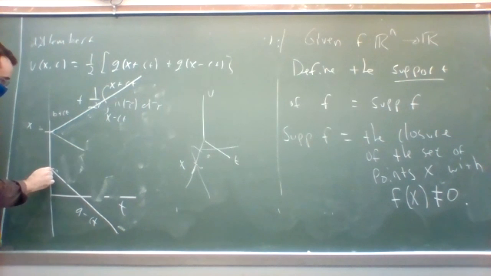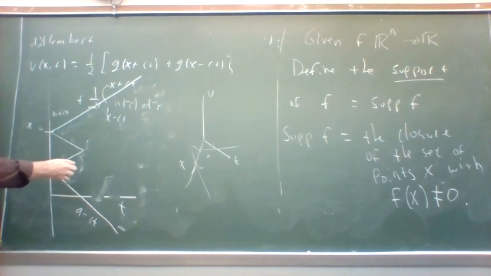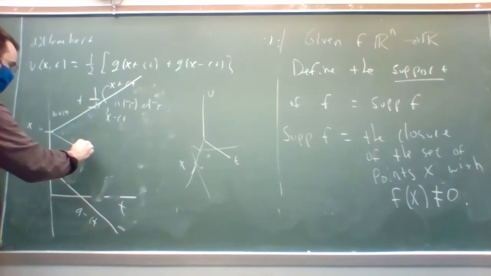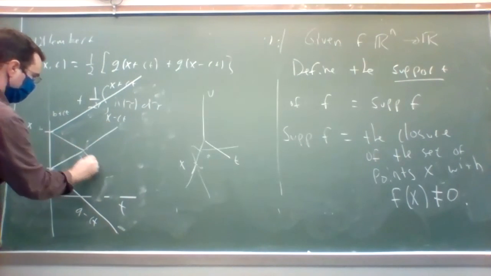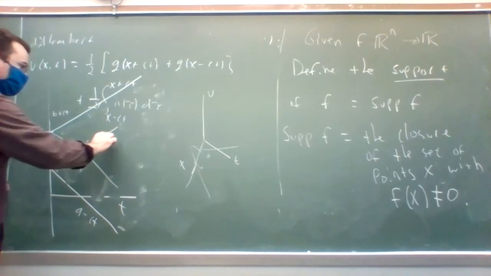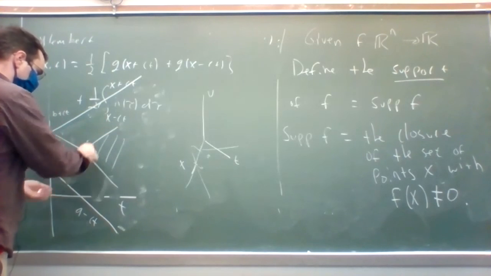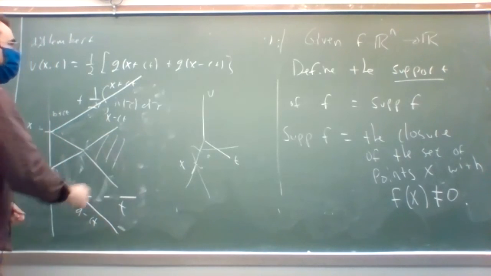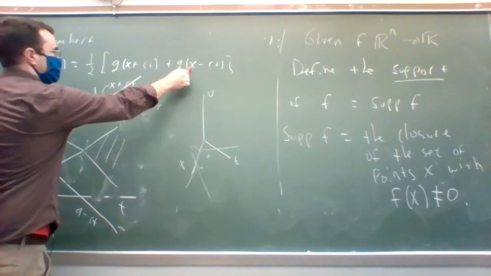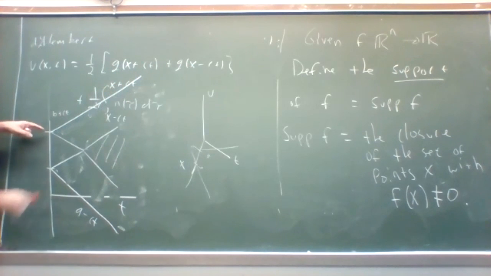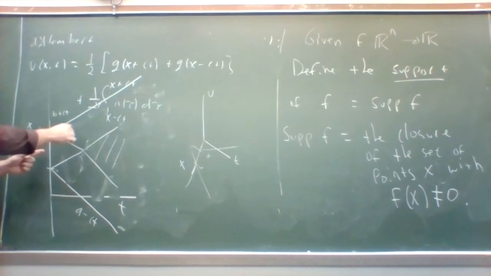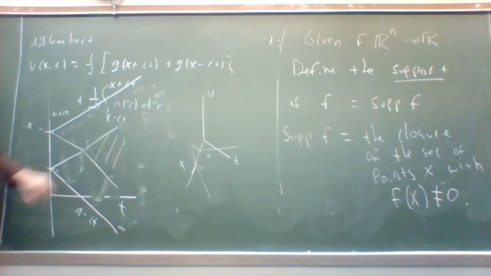So this is eminently puzzle-throughable. What is it on this region? This function has to vanish. Basically, if you start here, you can travel up this way, or you can travel down that way, but you can't be non-zero here.